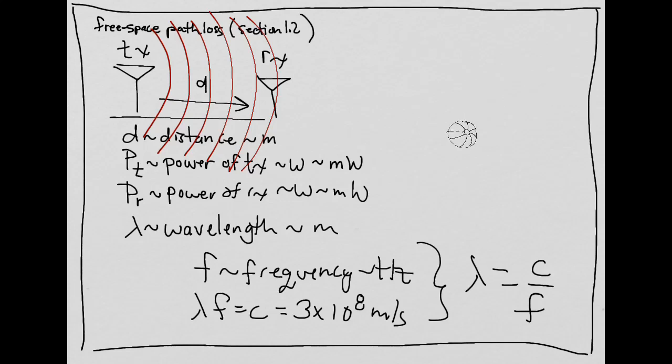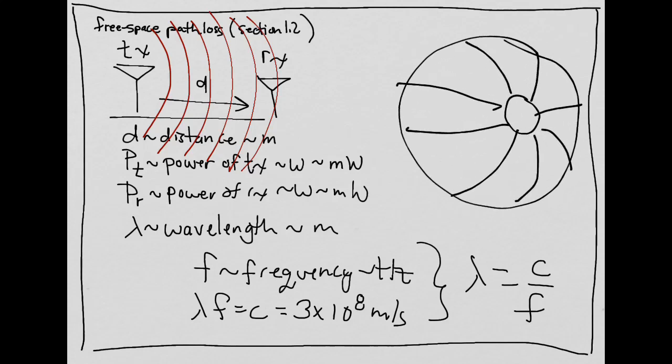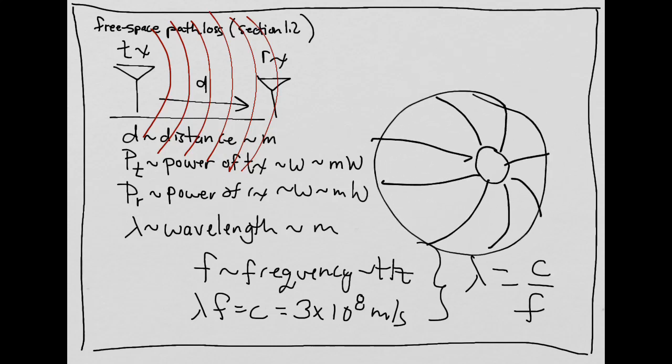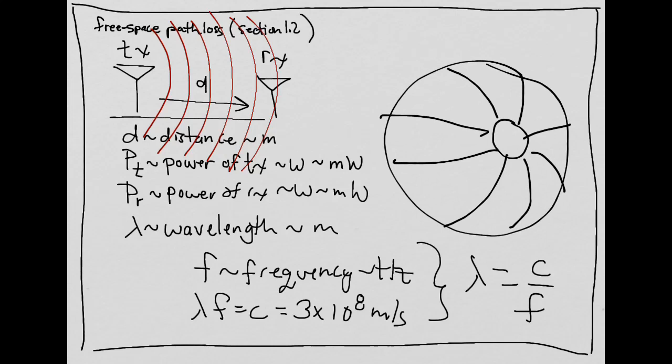Initially, of course, this bubble is going to be fairly small, because the transmit antenna is an isotropic antenna. It's just a point source, and it propagates signals equally well in all directions. As time progresses, the wavefront is going to get bigger and bigger until this bubble size, or radius, is equal to the distance between the transmitter and the receiver.